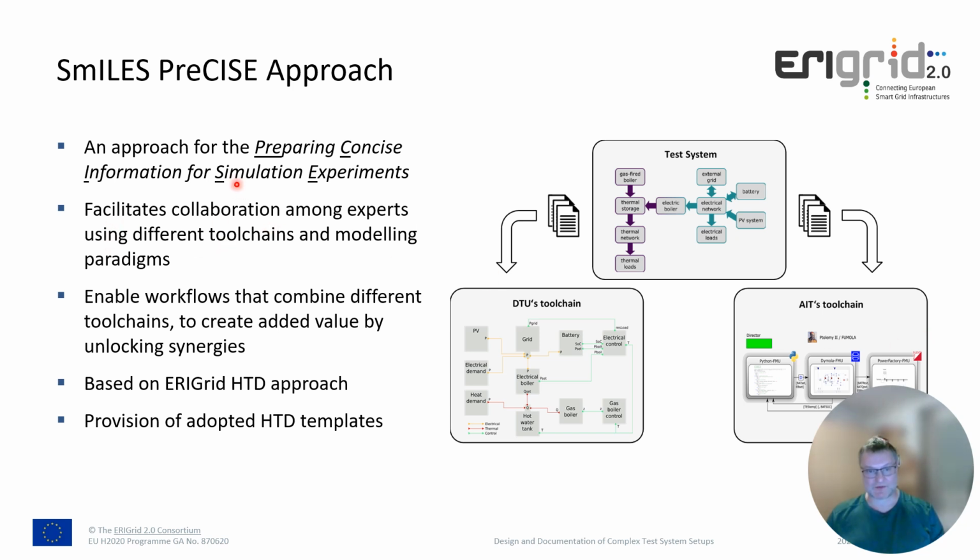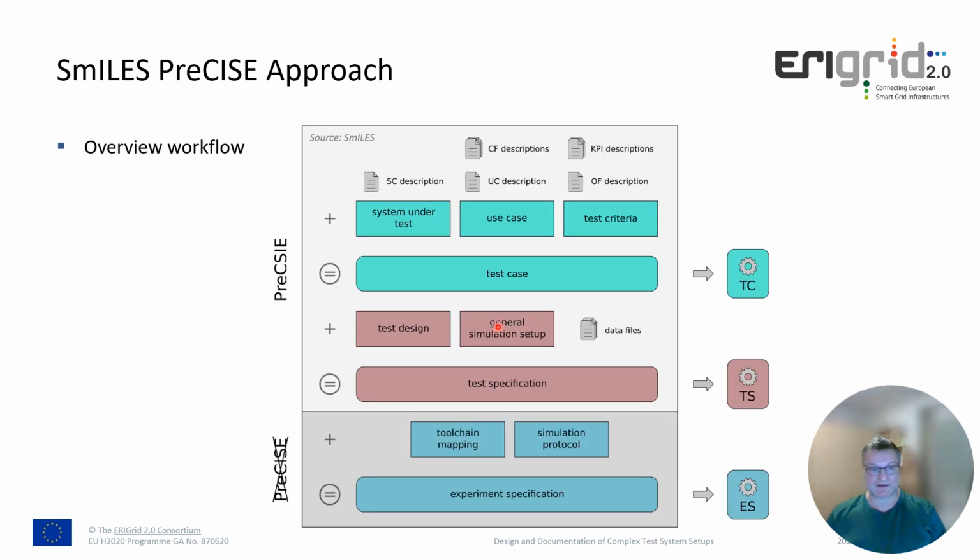It facilitates cooperation among experts using different modeling paradigms and also different modeling tools. It enables a workflow that combines different tool chains and creates added value by unlocking the synergies. It's based on the ERIGrid holistic testing description approach, and it provides adopted HTD templates.